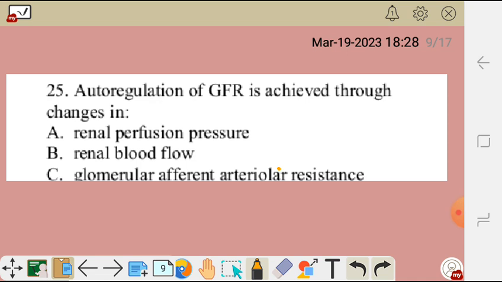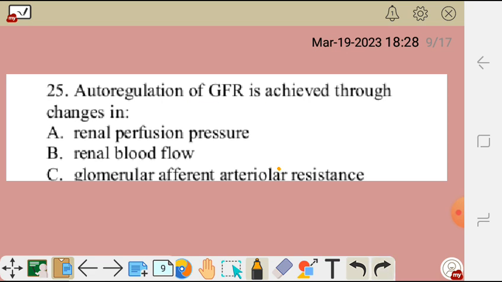So the autoregulation is mostly achieved through changes in the afferent and efferent resistance. That's how GFR is autoregulated.